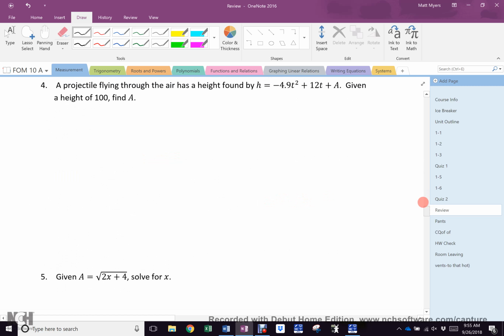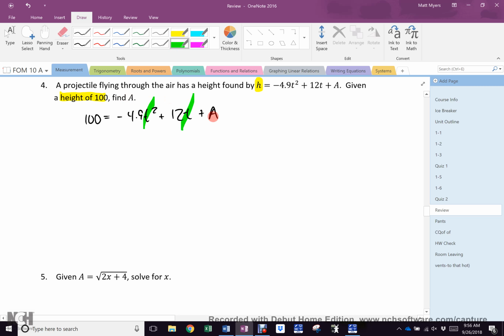Then you turn the page over. Again, what do I know here? I have a height of 100, and there's h. So 100 equals negative 4.9 t squared plus 12t plus a. Can you find a right now? You cannot. Why?